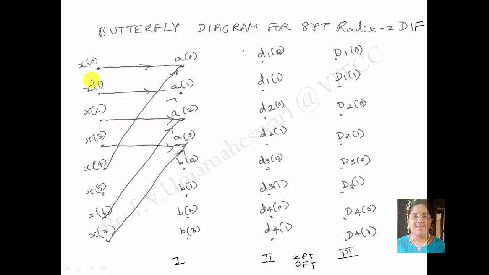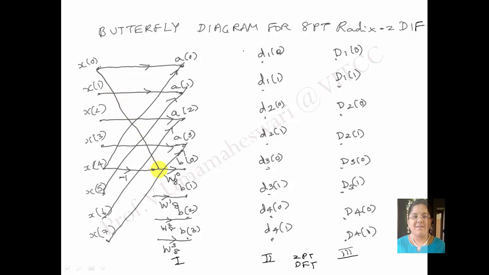Now what will be the B of n expression? Do you remember? B of n is x of n minus x of n plus N by 2 into W_N^n. So for B of 0 you'll have the twiddle factor W_8^0 coming into the picture. Sorry, it's a freehand drawing, so that is why I have drawn certain things beforehand.